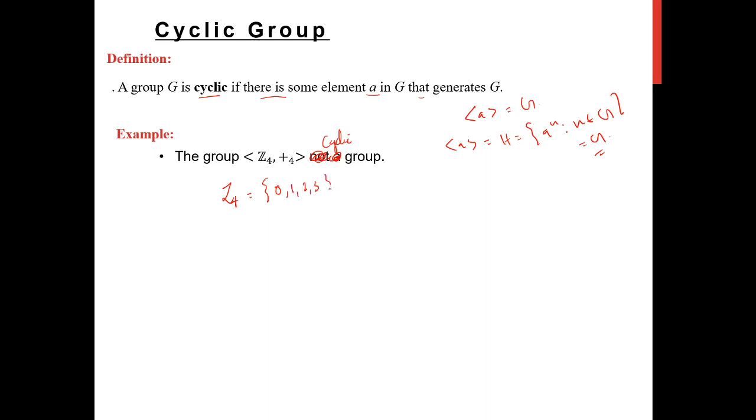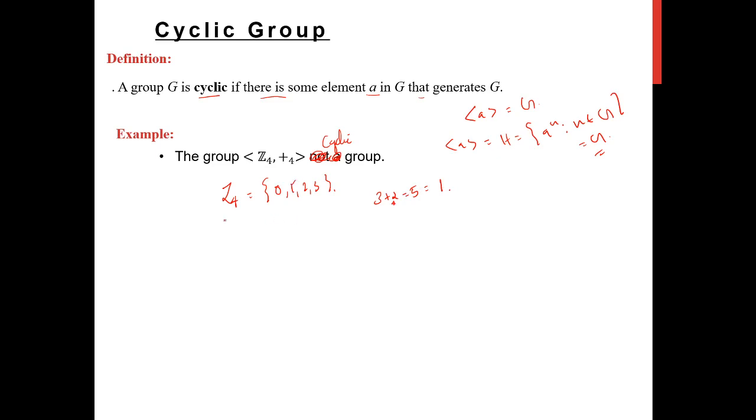So the remainder exists, and this is actually a group, and the elements are 0, 1, 2, 3. For example, 3 plus 2 is 5, and 5 when divided by 4 gives remainder 1.